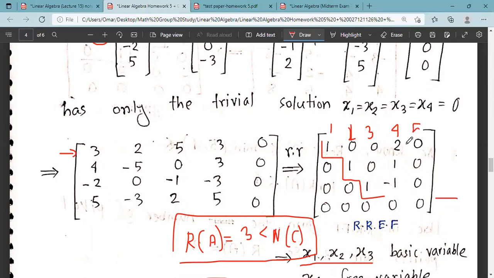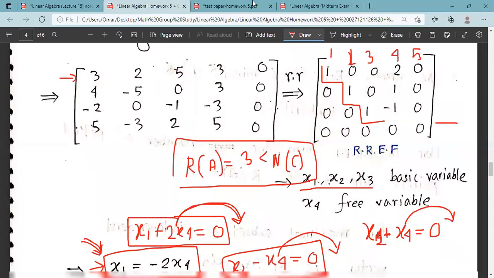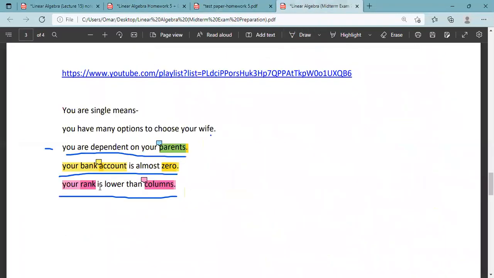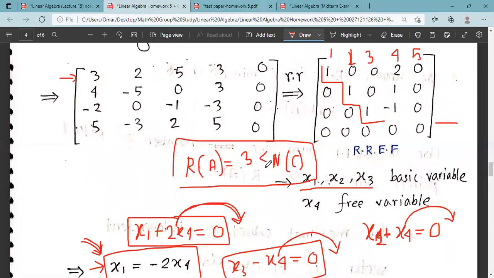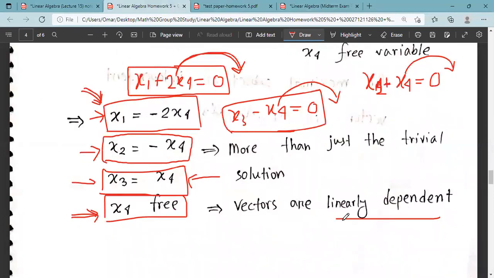So as the rank is lower than the number of columns, we can say that these vectors are linearly dependent.